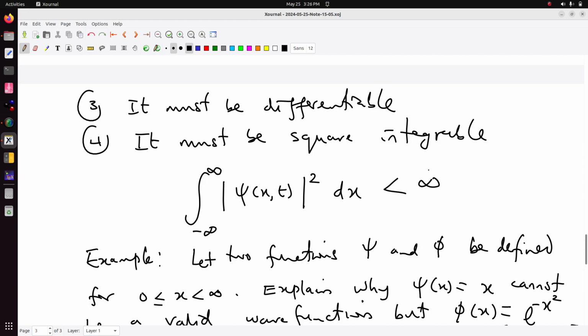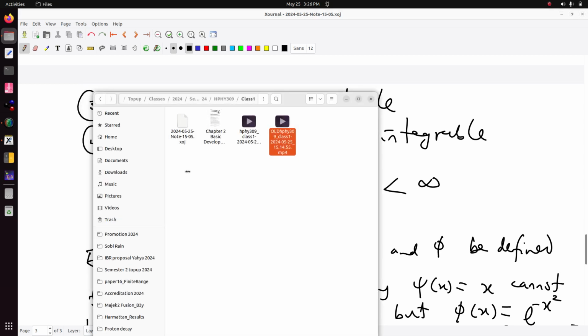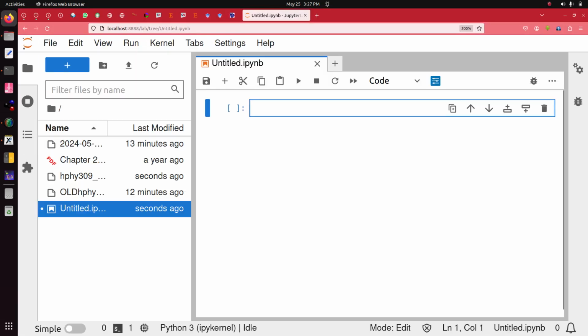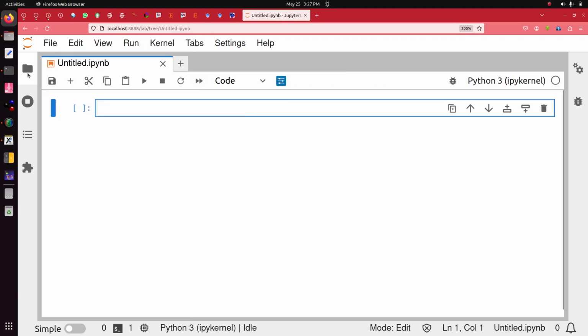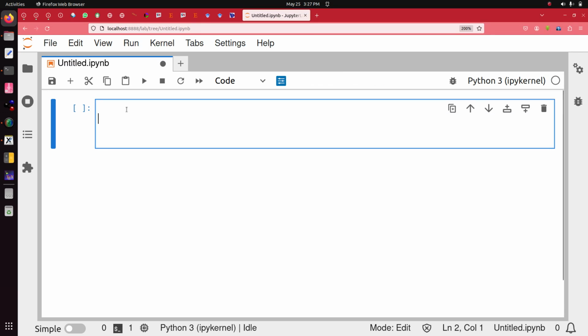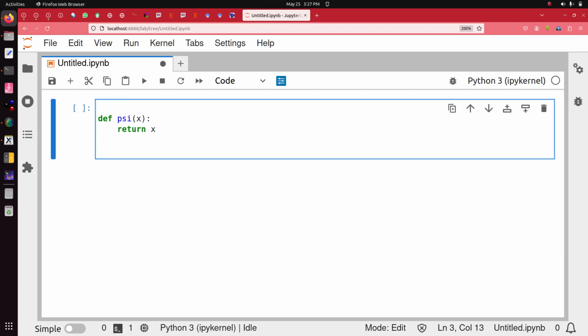In fact, we can plot a graph of the function. Let's say we create a function for psi. It depends on x and it returns x.